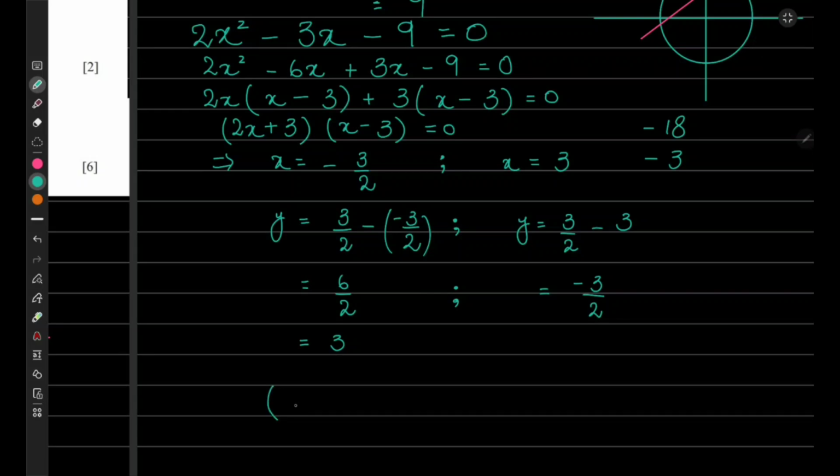So the two coordinates are: when x is minus 3 over 2, y is 3, and when x is 3, y is minus 3 over 2.